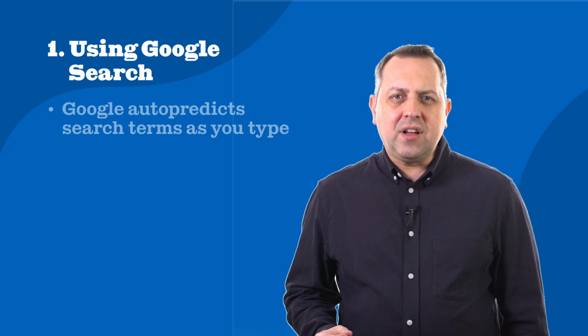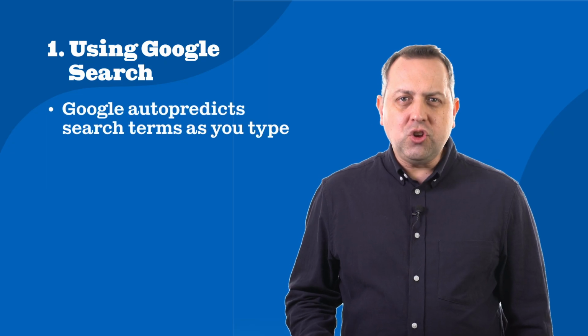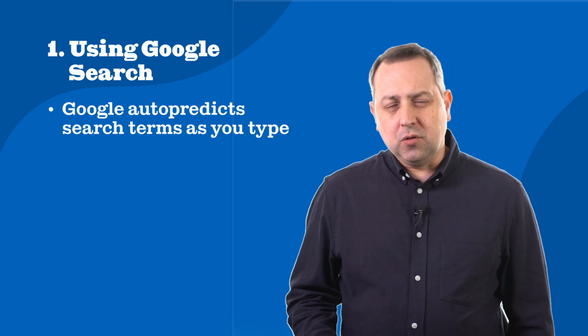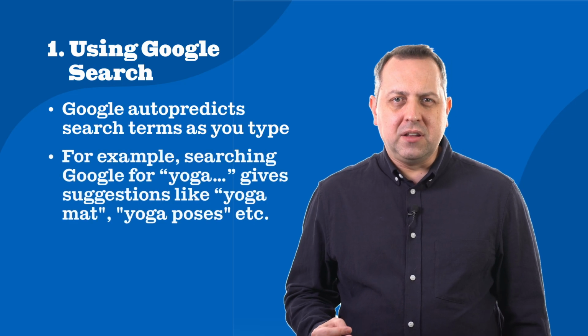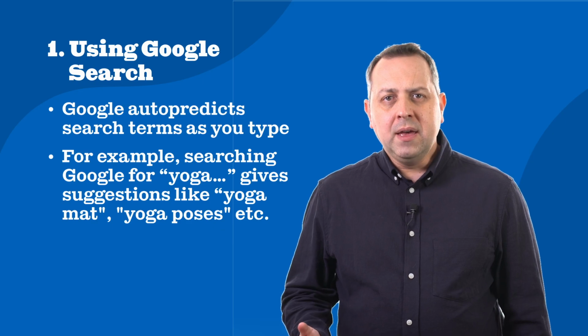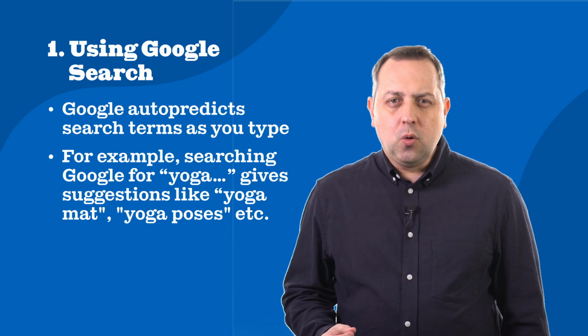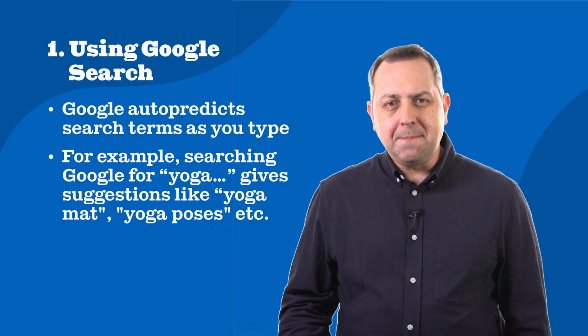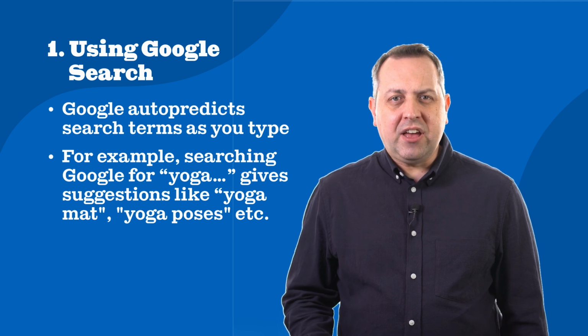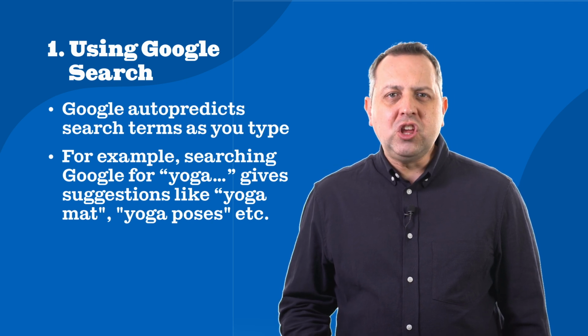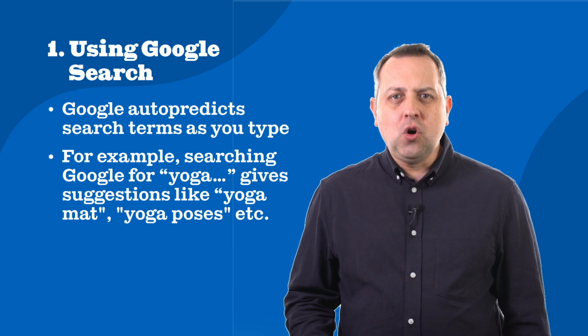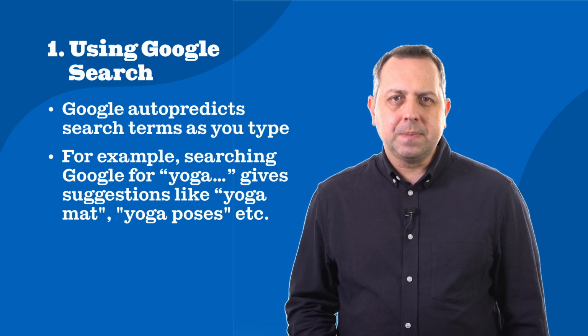You'll probably know that when you or your customers begin to do a search on Google, it starts to auto-predict what you might be looking for. So if, for example, I start typing into Google the word yoga, it immediately predicts what the rest of that search might be. In this case, suggesting yoga mat or yoga poses and yoga classes near me.